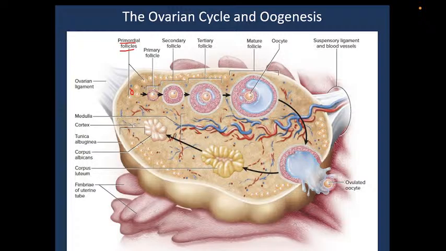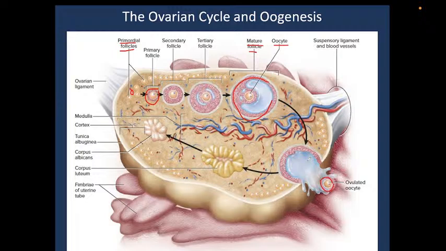Then usually one follicle starts to grow, and the growing takes more than a couple of months, but only one follicle becomes what we call a mature follicle, and it contains an oocyte. This is the female genital cell, which is only one.